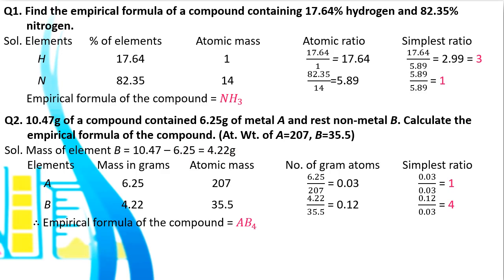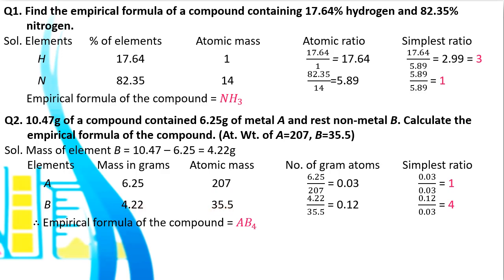Again we will make the table: element, mass in gram, atomic mass, number of gram atoms, and simplest ratio. Here are two elements A and B. Mass is 6.25 for A, atomic mass is 207. For B, mass is 4.22 and atomic mass is 35.5.